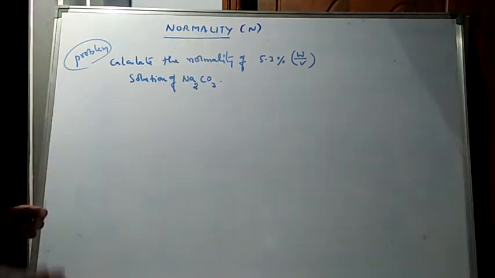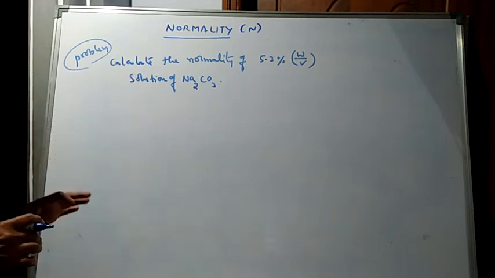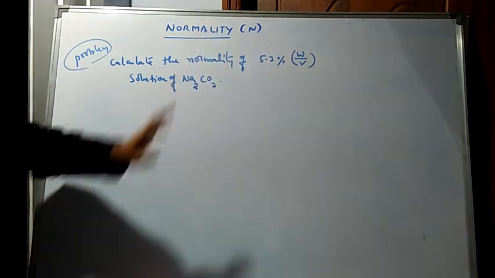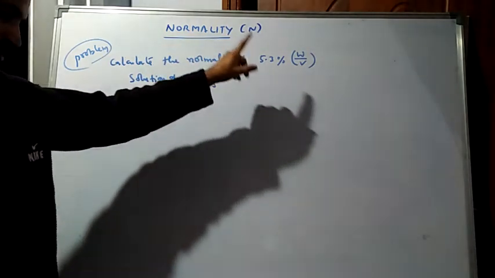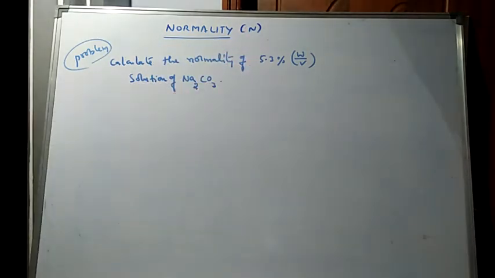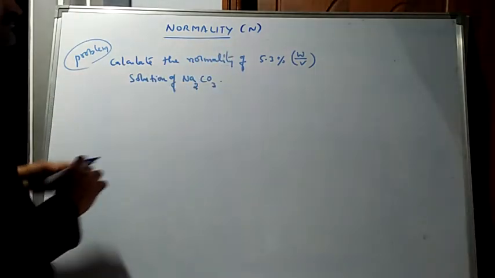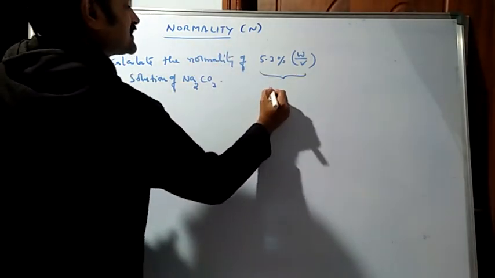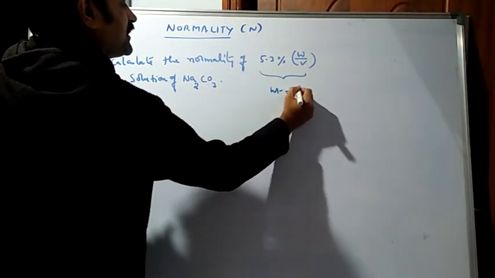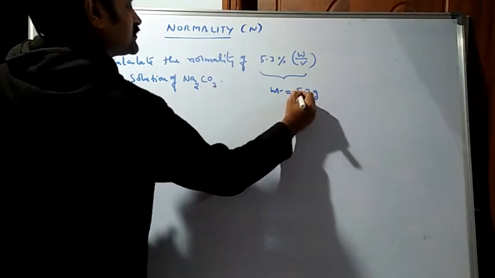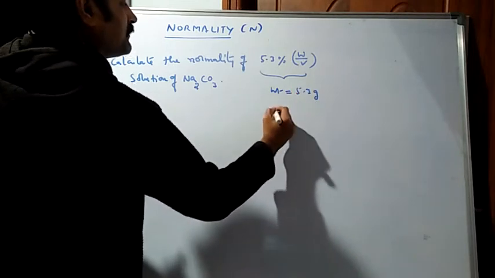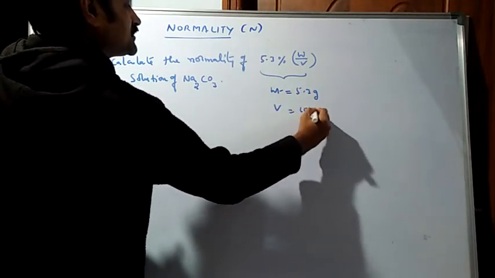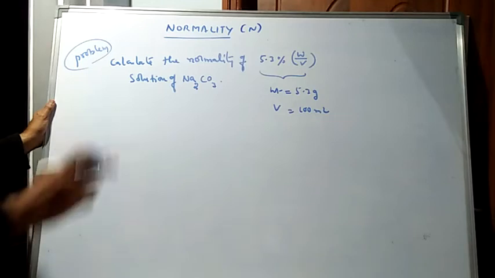See, this is the question we have given a little differently. 5.3% weight by volume means 5.3 grams of sodium carbonate is present in 100 ml of solution. So from this percentage, the meaning is weight is 5.3 grams and volume is 100 ml.